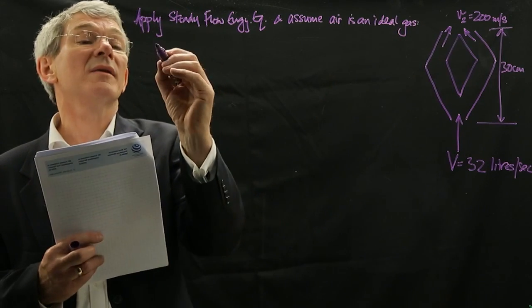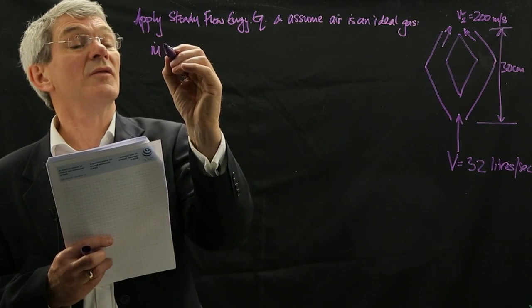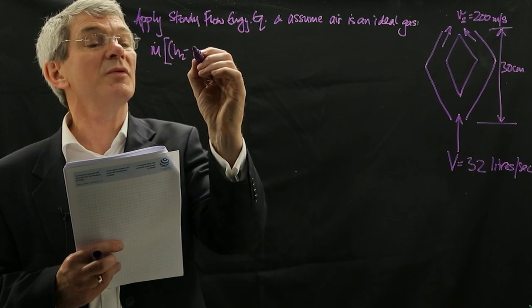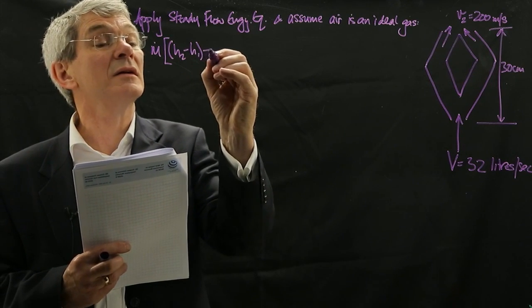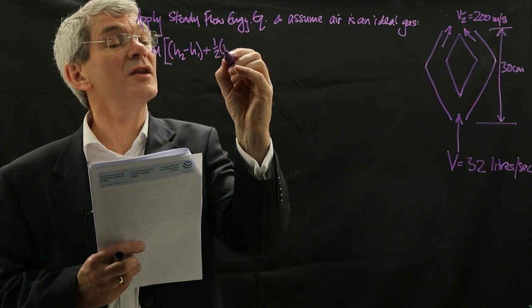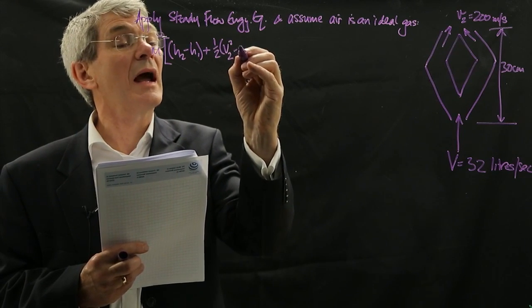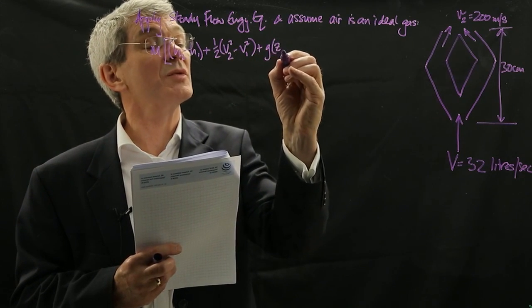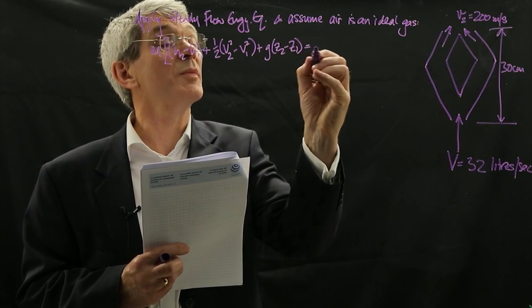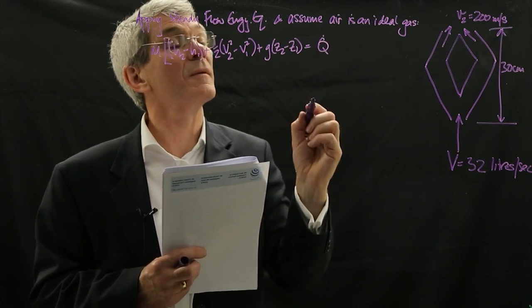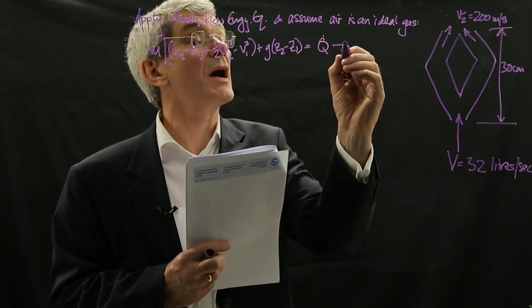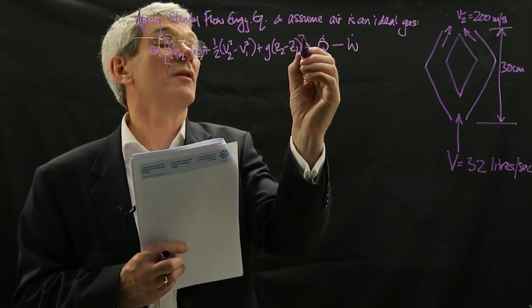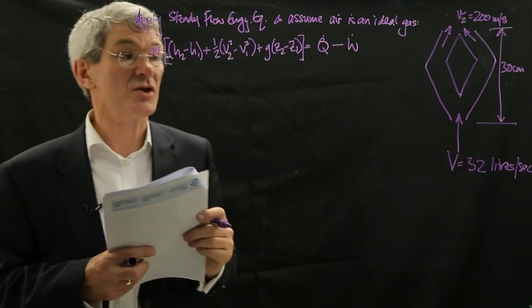And so we can write down that m dot for the mass flow rate times the change in enthalpy between outlet and inlet plus the change in kinetic energy between the outlet and the inlet plus the change in potential energy between the outlet and the inlet will be equal to Q dot, the heat transfer rate, minus W dot, the work rate. Okay, so that's a standard result for steady flow energy equation.